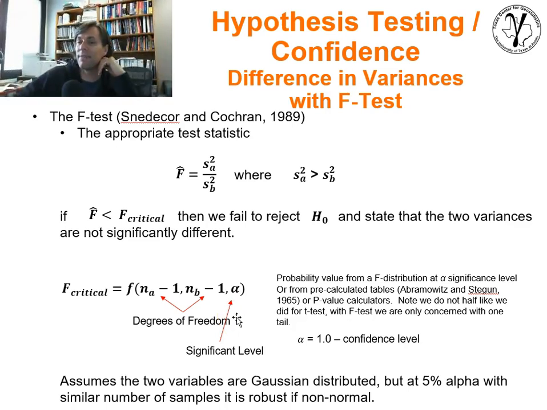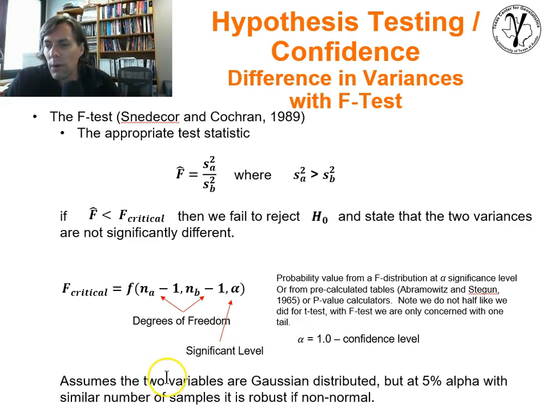You can see that because we set the variance of A to be greater than the variance of B, and the result of this statistic can only be 1 or greater than 1. And so we want to reject if we get too far out on the tail, when the ratio becomes too large.